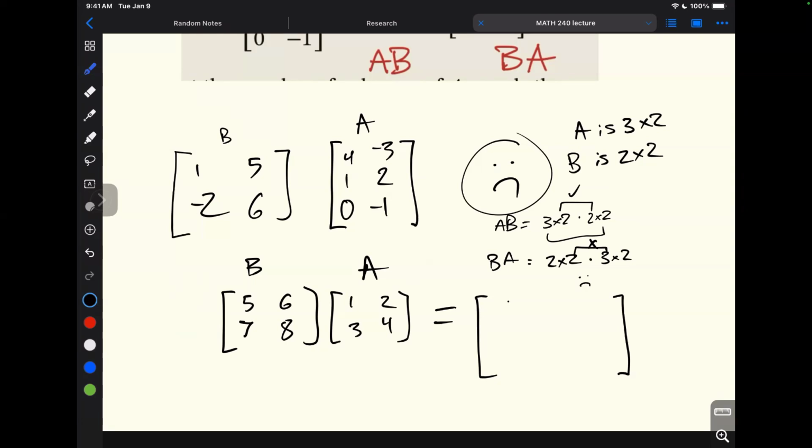Just call it out. 23. 1, 2: 34. 2, 1: 31. 2, 2: 46. Don't trust me. Are we in consensus? Did someone get different numbers? Great. All right, so 23, 34, 31, 46.